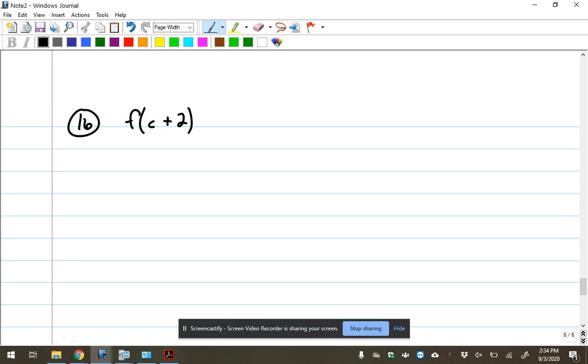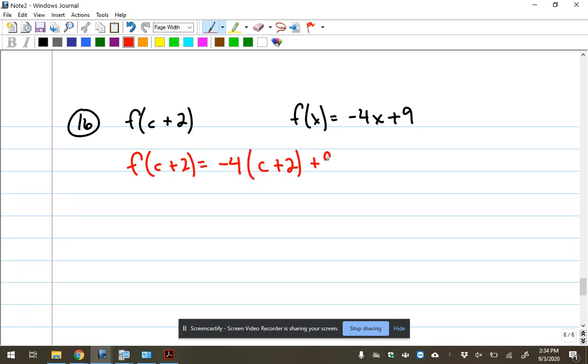All right, so 16 is using the f of x function, which is negative 4x plus 9. What are we putting in the place of x? c plus 2. That's all that this means. Negative 4 parentheses c plus 2 plus 9.